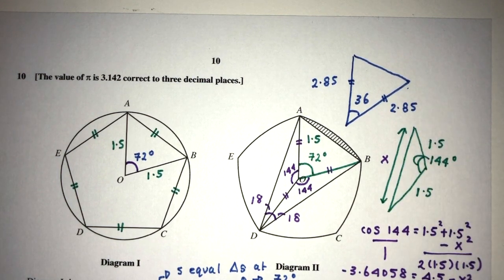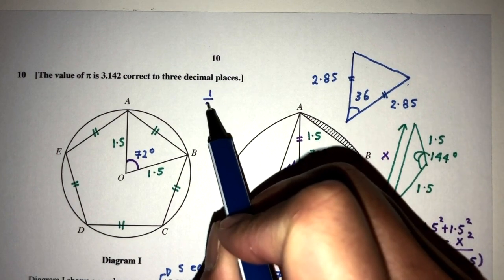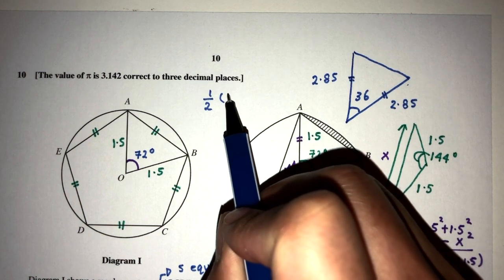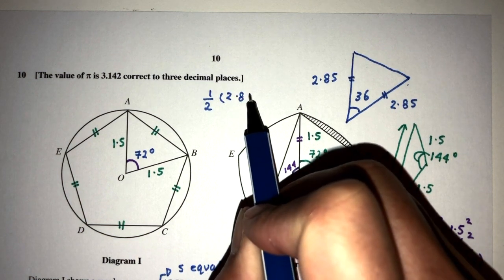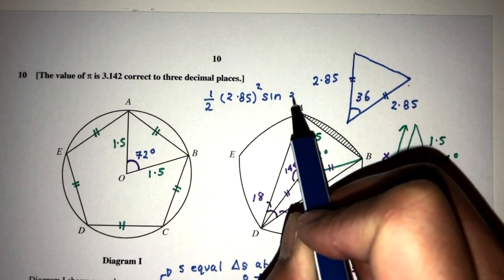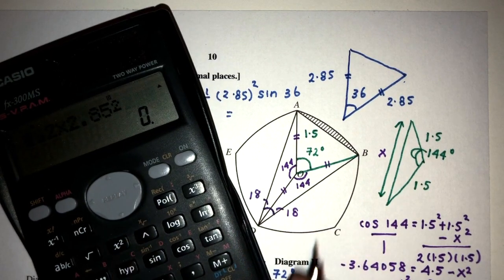Now to find the area, we can just use the formula. Pretty simple. That will be half times the two sides, 2.85 times 2.85, so squared, and then sine of the angle in between. So half times 2.85 squared times sine 36.